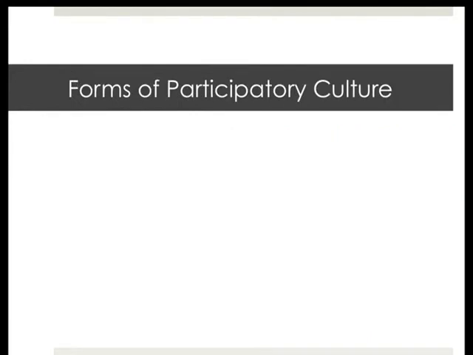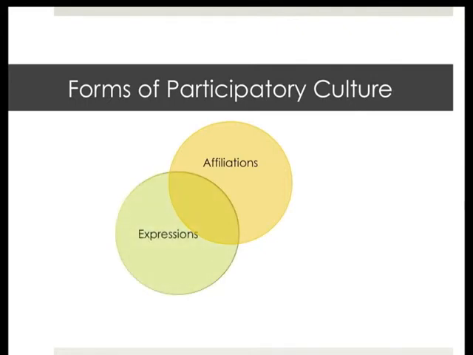There are different forms of participatory culture. The first sort of circle is affiliations. This includes memberships, both formal and informal, in online communities centered around various types of media, things like Facebook, things like message boards. The next kind is expressions. This is where people produce new creative forms through things like digital sampling, video making, mashups.